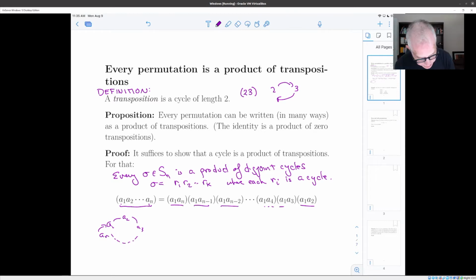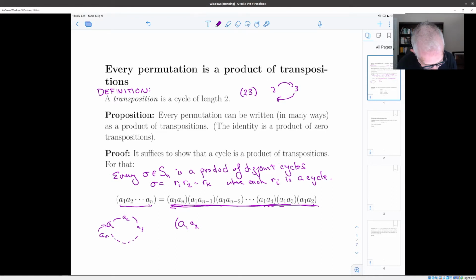And for that, we can just check. So let's multiply these transpositions together. So first we have, let's start with A1. So we have A1 goes to A2, and then if you look back through this whole list, you see that A2 never appears again. So once A1 has gone to A2, it stays there. Now we take A2.